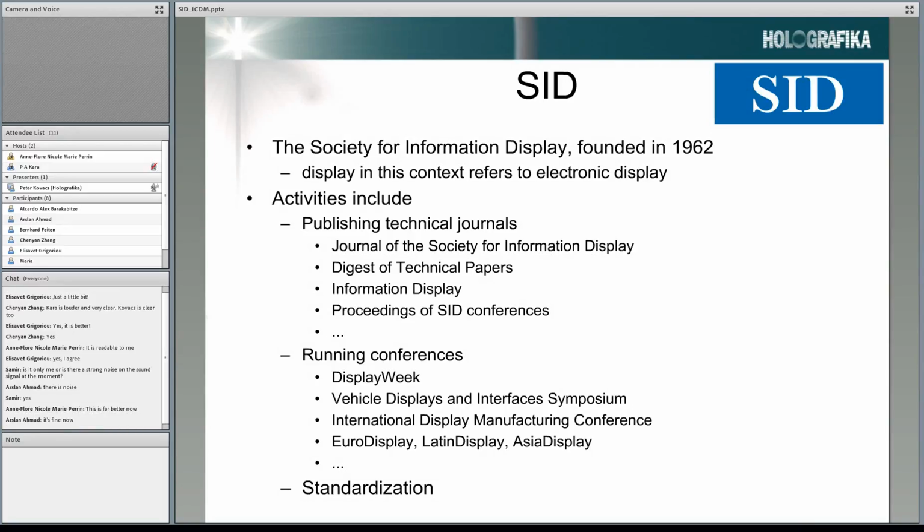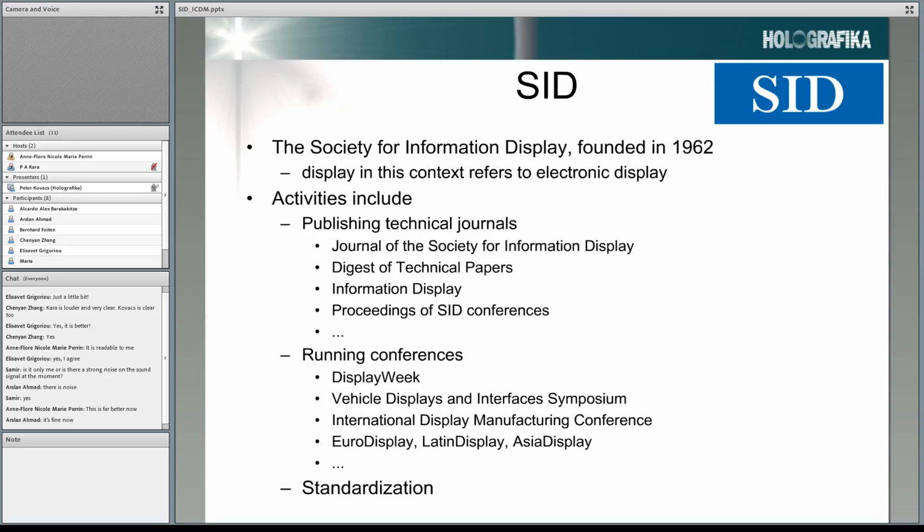As I said, SID is publishing technical journals of interest for people working with displays, and they also run conferences. The most famous of which is Display Week, which is organized every year, as well as regional conferences like the Euro Display, which could be familiar to some of you.